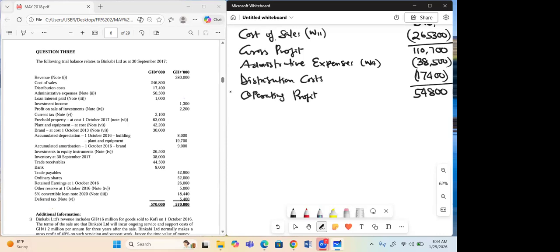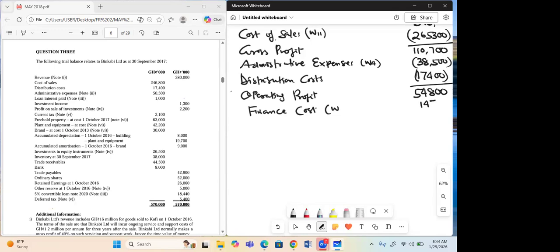Finance cost. We don't have finance cost. I think the loan, the total was 1475. Check. It was in the workings.